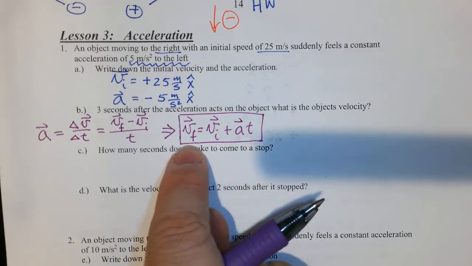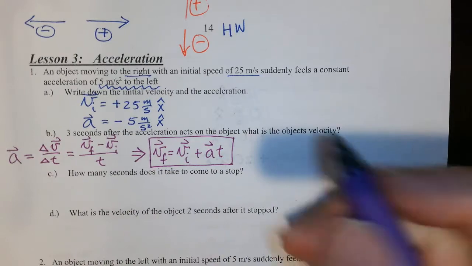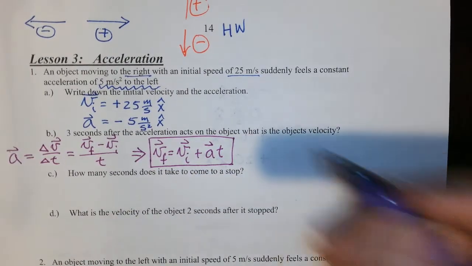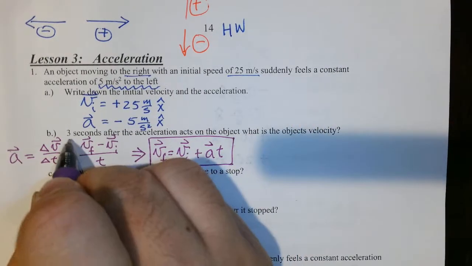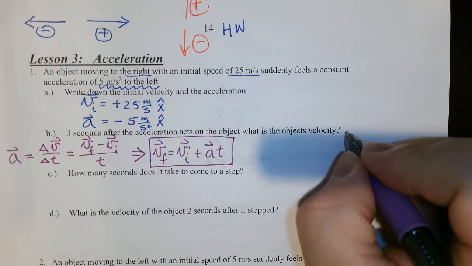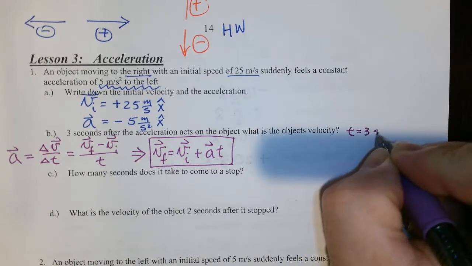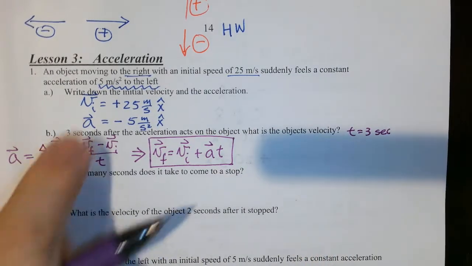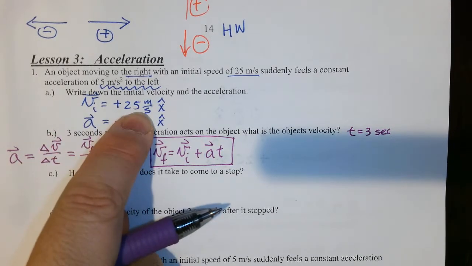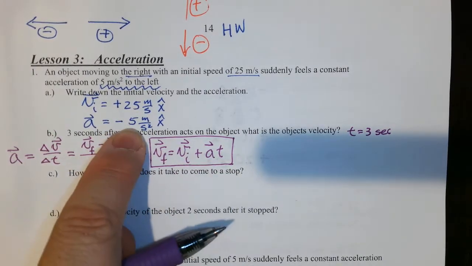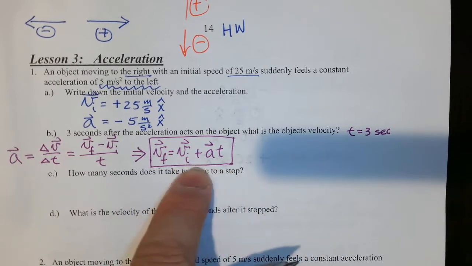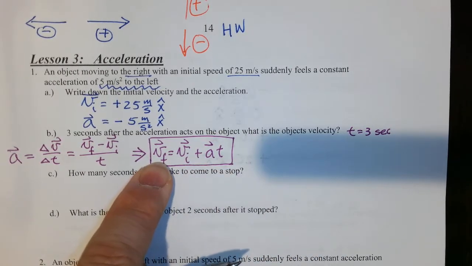Now that we have this, we can use this equation. We know 3 seconds after acceleration, so time is equal to 3 seconds. We know initial velocity is positive 25. We know acceleration is negative 5. So we have all the ingredients to find my Vf.